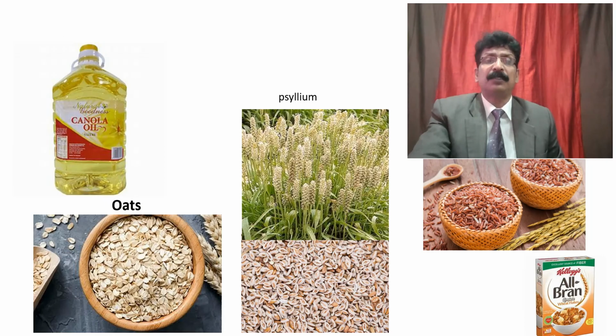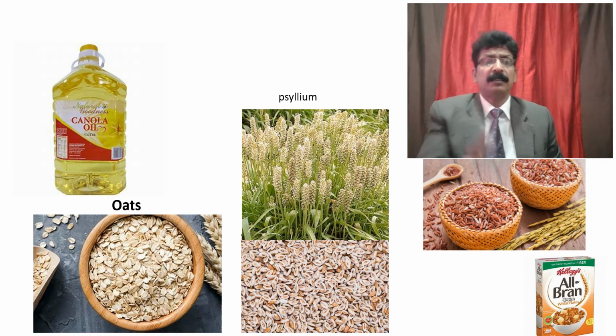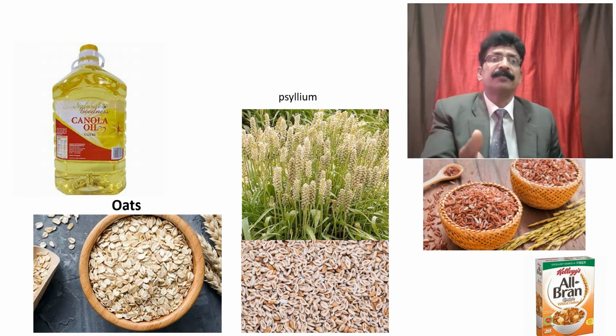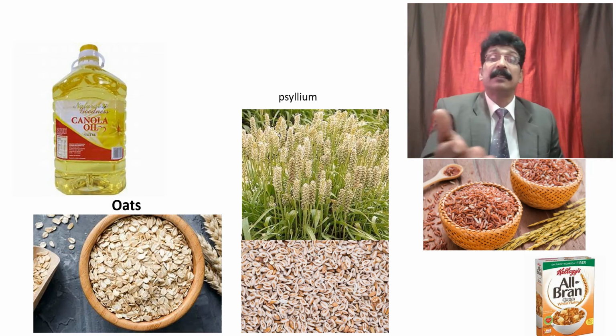You see, I have given some examples also, just a picture. Oats, we know that oats and canola oil can be used. And you see this, there is psyllium, or you can say isabgol.